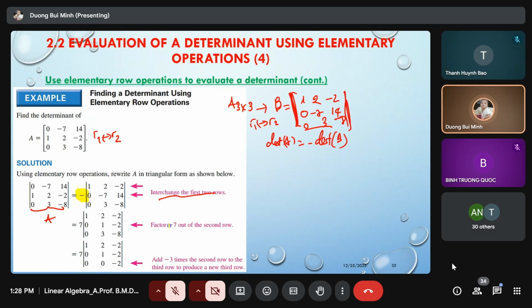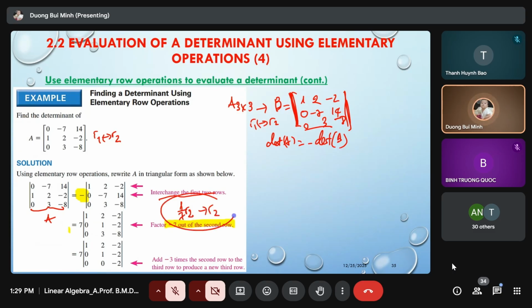We factor minus 7 out of the second row. Okay, we just take minus 7 out. Or you can say, this one you times 1 over 7 with R2 relate to R2.